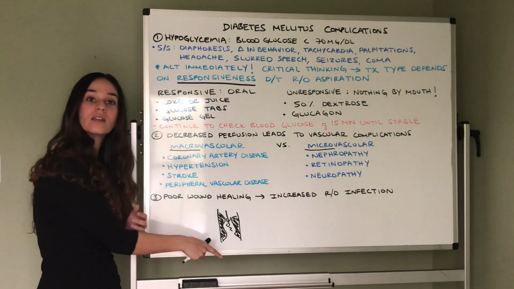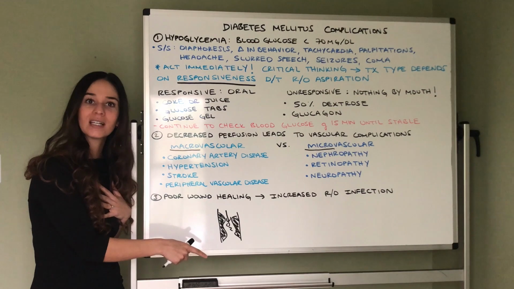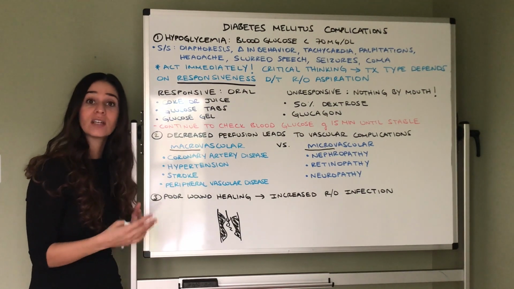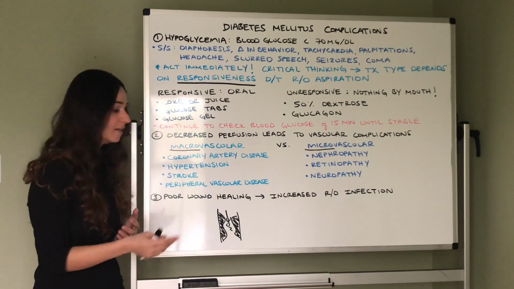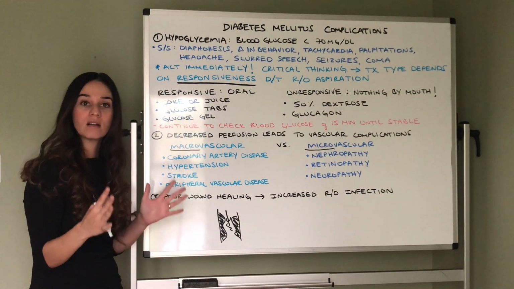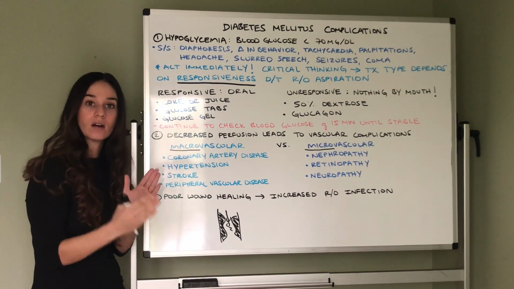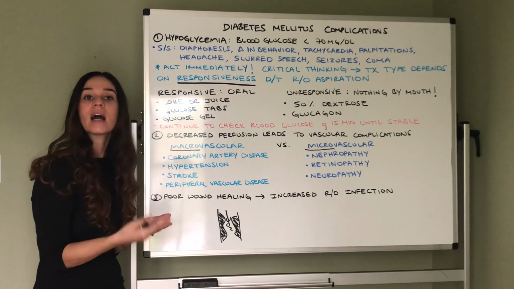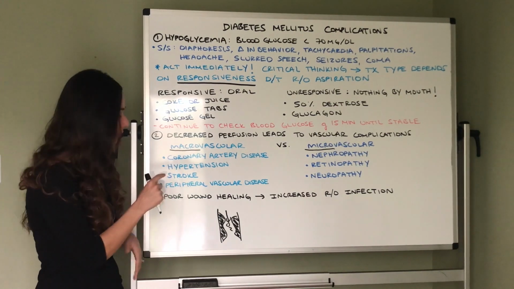So decreased oxygen to my heart muscle, what could that lead to? I listed coronary artery disease, but diabetic clients have an increased risk of heart attack, okay? Hypertension. Your vessels, right? The more narrowed they are, isn't it more pressure trying to force our blood through? Can absolutely lead to high blood pressure.